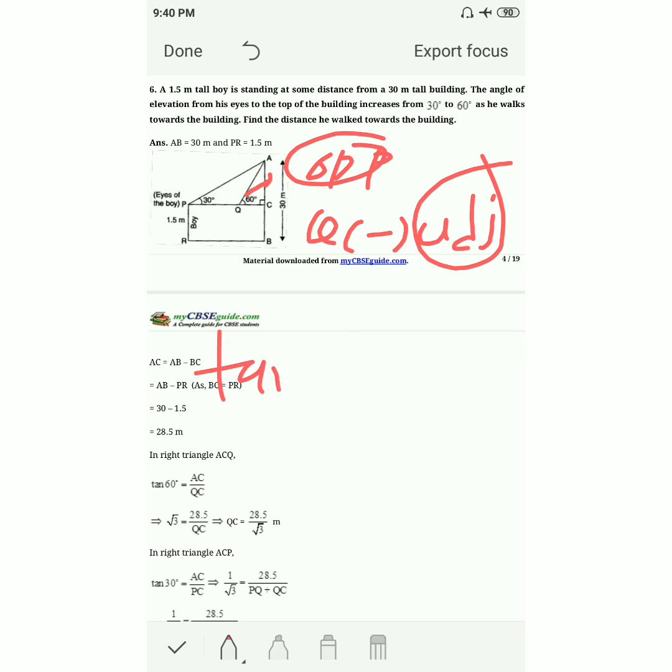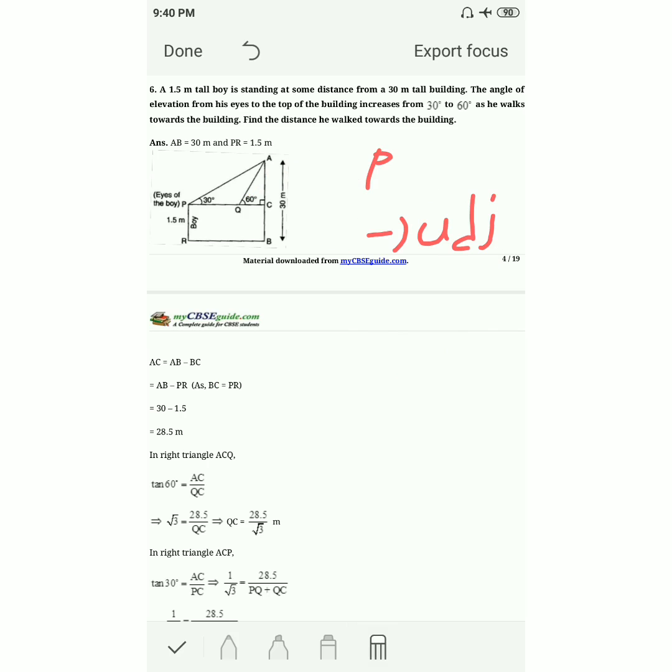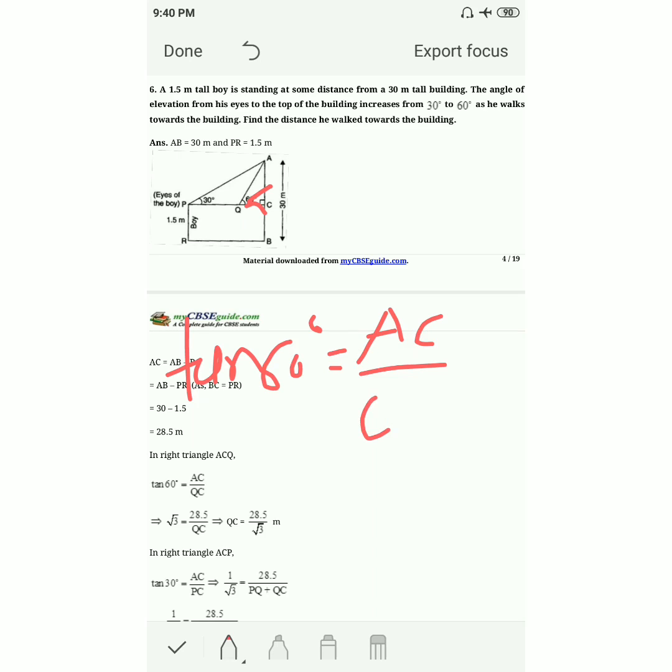It's tan theta and cot theta, but we use tan theta here. So tan 60, because angle theta is 60 degrees. Opposite side is AC upon adjacent side QC. Now the value of tan 60 is root 3. AC we found 28.5, upon QC.